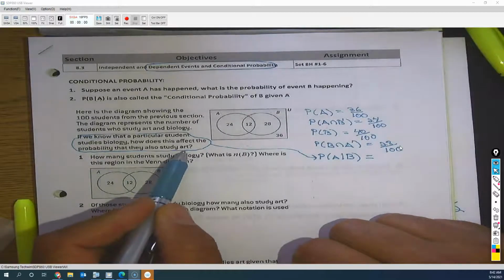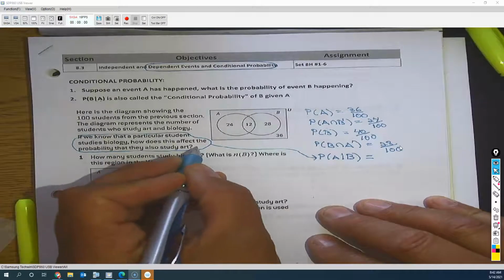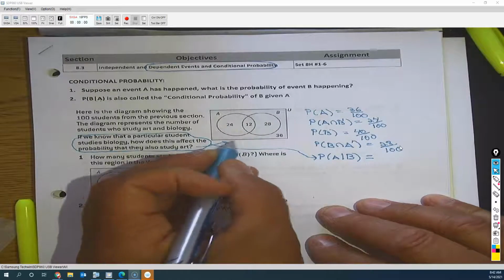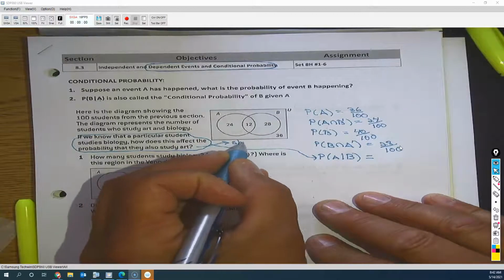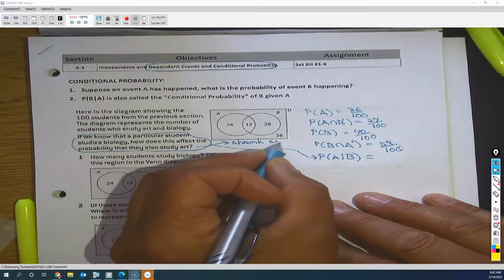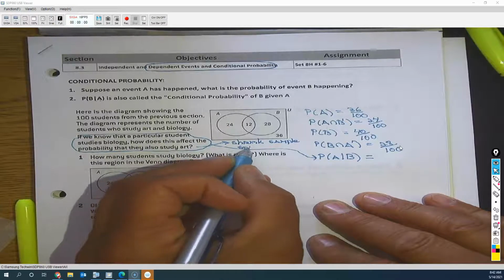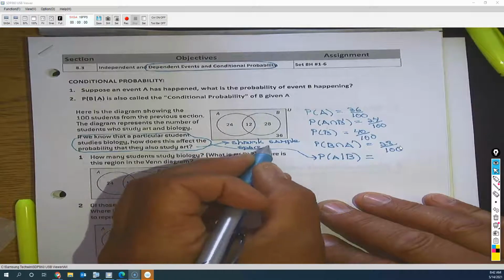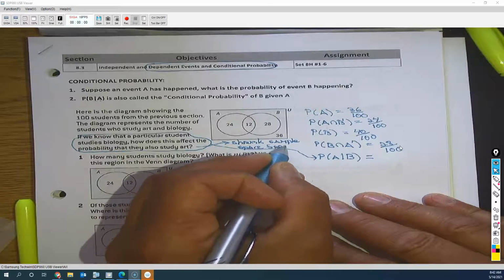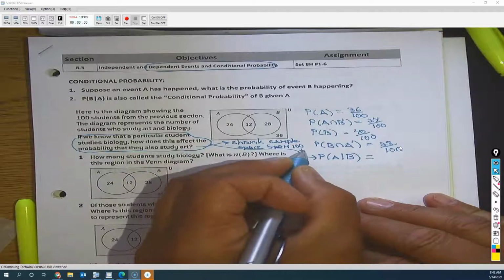It's going to shrink the sample space from 100 students to 40 students.